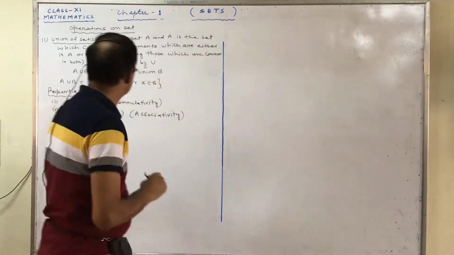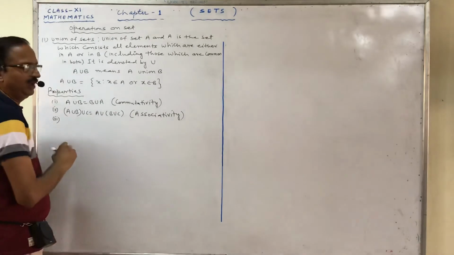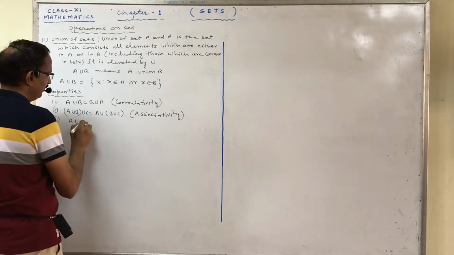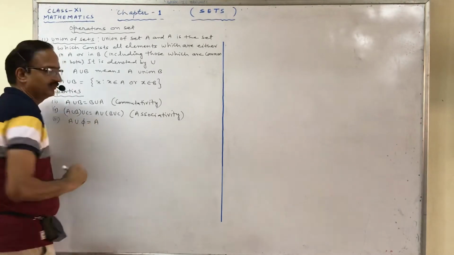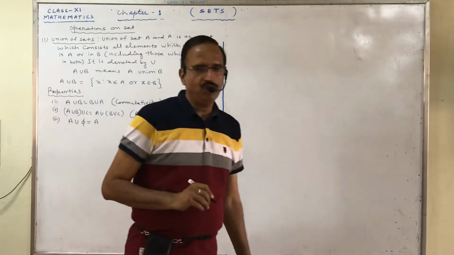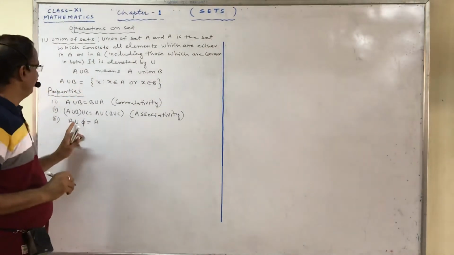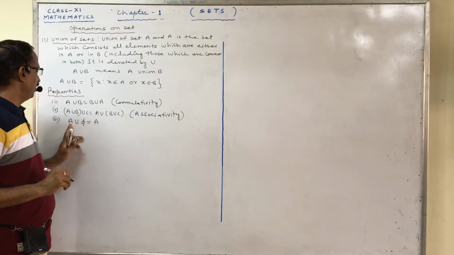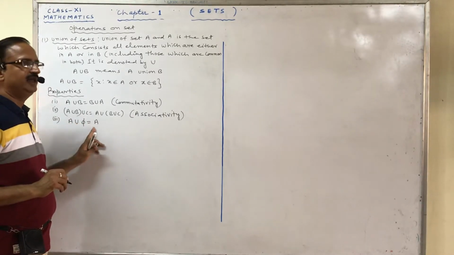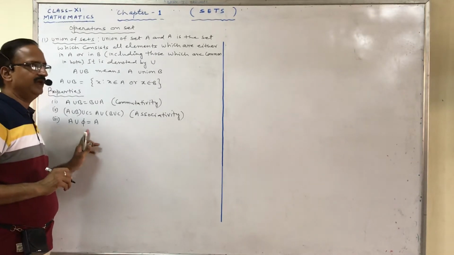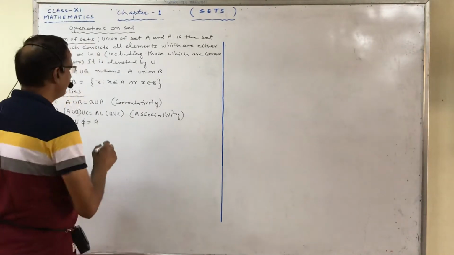Third one: A union phi equals A. This is called law of identity element, because when we operate this union on A and phi, the answer is A. It means the identity of A never changes. That's why this is called law of identity element.